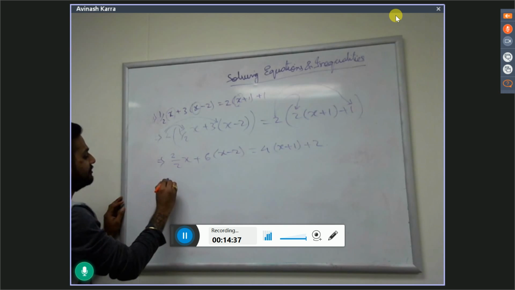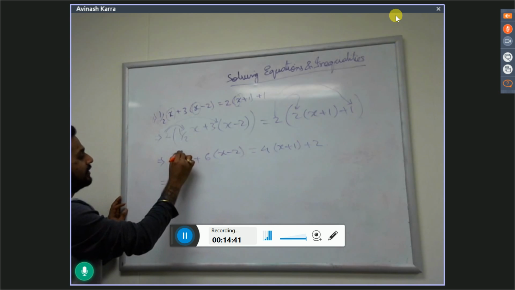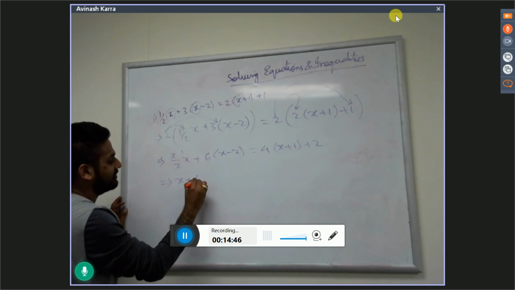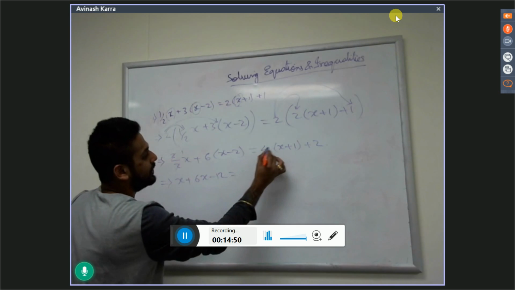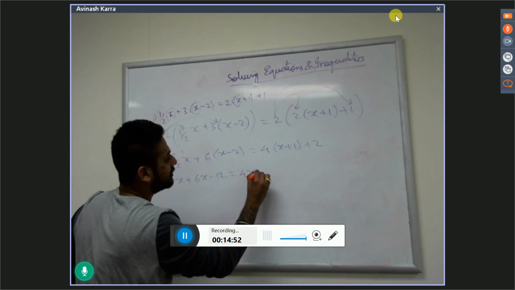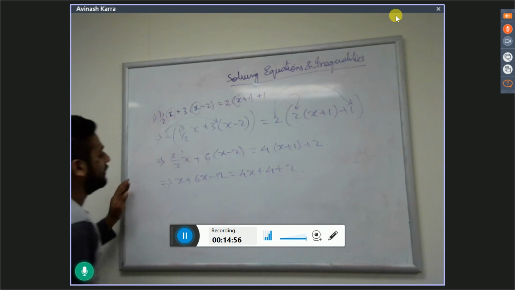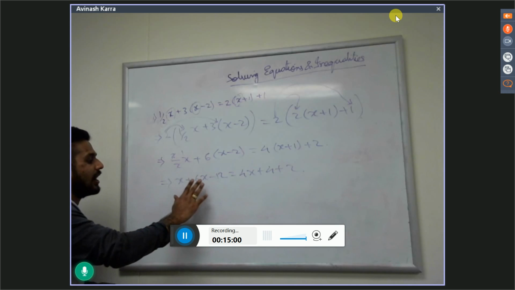When I simplify this, what do I get? 2/2 cancels, like 1. So x plus 6 into x, 6x, 6 into minus 2, minus 12, equals 4 into x, 4x, plus 4 into 1, 4, plus 2.